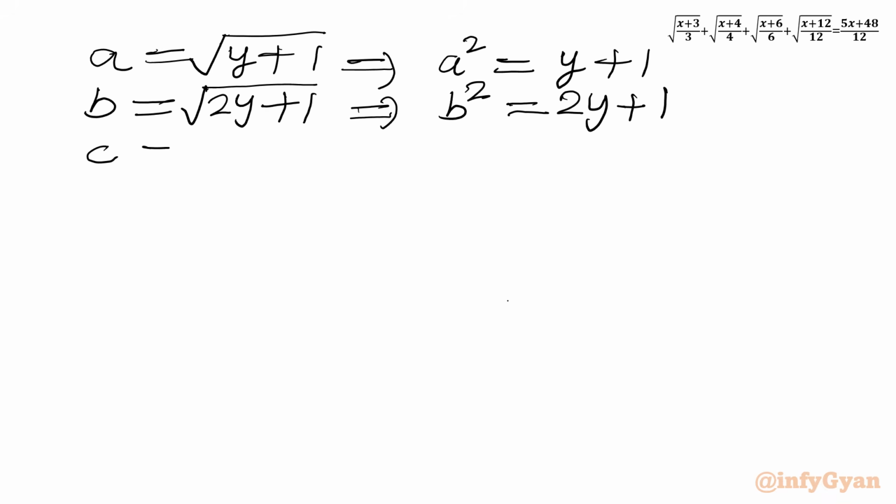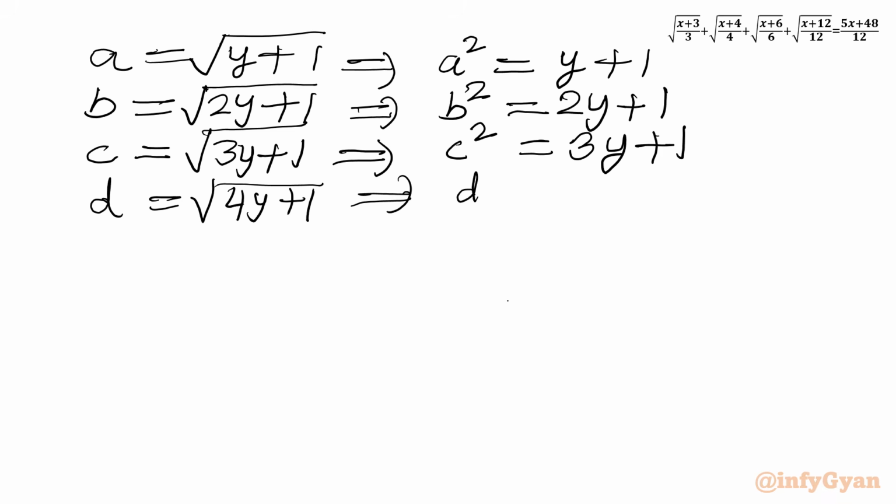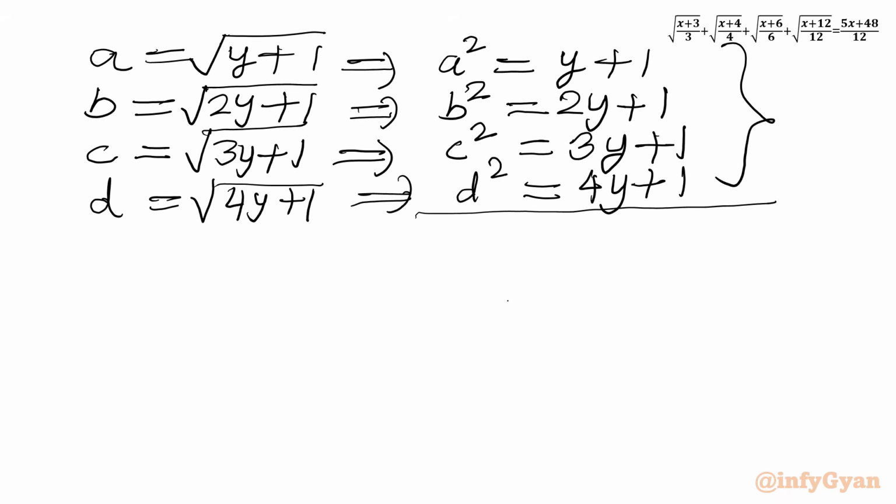From the substitution, c equal to the square root of 3y plus 1, so c square equal to 3y plus 1. And d is the square root of 4y plus 1, so d square will be equal to 4y plus 1. Now we will add these four equations.